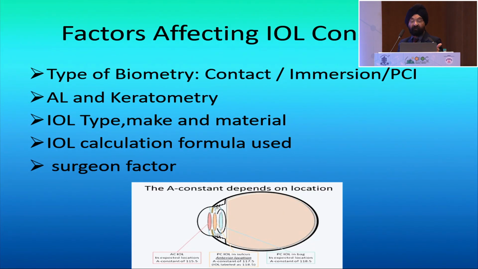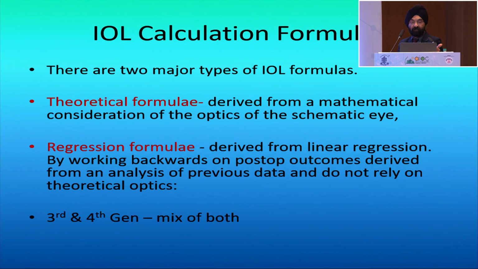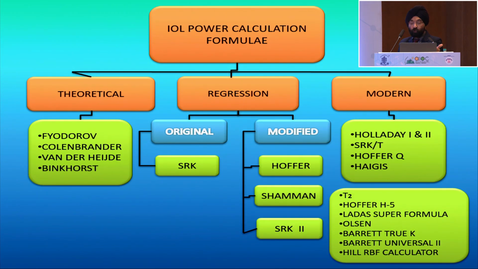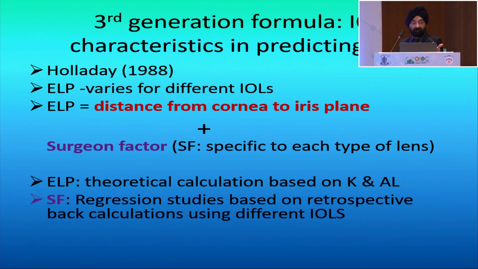So factors affecting IOL constant are type of biometry used, axial length, keratometry, IOL types, and surgeon factor. We all know about these theoretical and regression formulas. So the newer formulas, which are slowly replacing the older formulas, are Hoffer H5, LADAS, Olsen, Barrett K, Hill RBF, Kane, and many other new formulas.